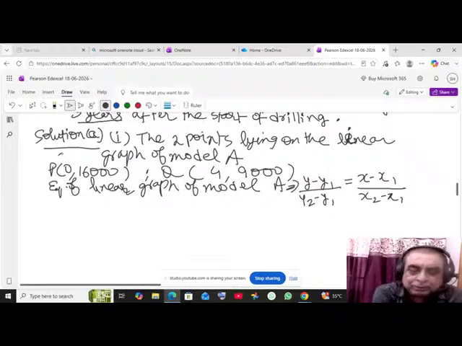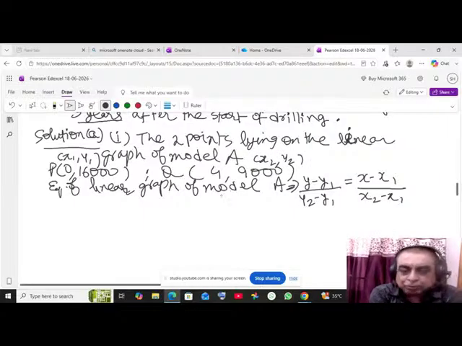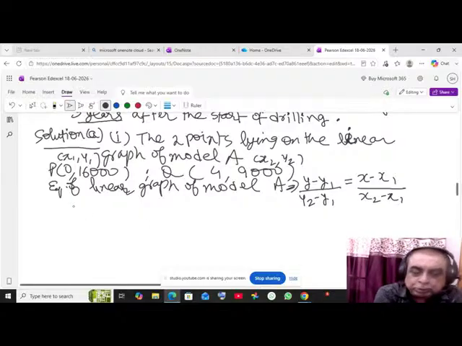Suppose I call the P coordinates x1, y1 and the Q coordinates x2, y2. Now put these values in this equation and you will get the equation of the linear graph of model A.